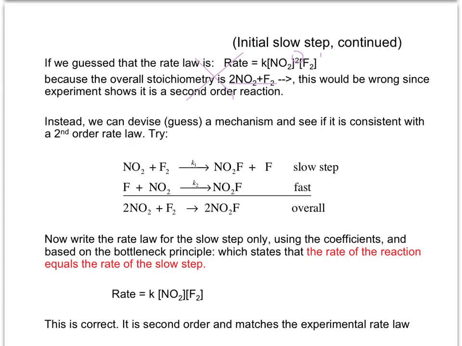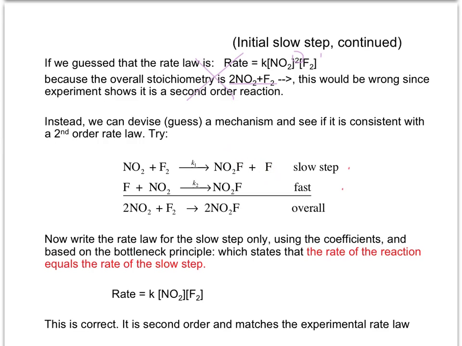It's going to have two mechanistic steps, the slow step and the fast step. Let me use a pointer here. The slow step and the fast step. And then they should add up to the overall reaction. So here we have the first NO2 is going to react with an F2 to form this NO2F product plus F. Okay, F in this case is going to be the intermediate.